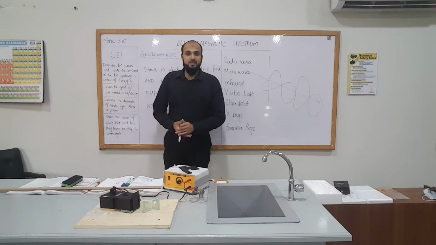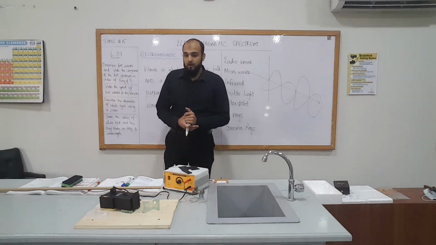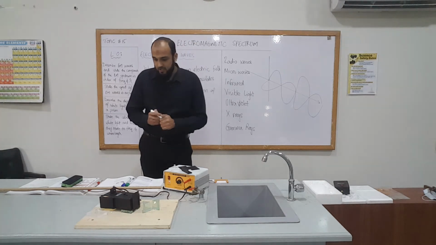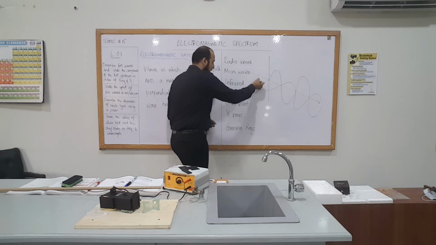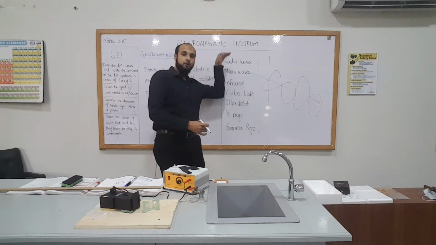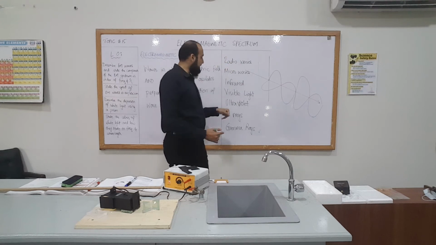In the coming videos we're going to see some applications of each of these waves, but for the time being all you need to know is that as you go down the spectrum, meaning from radio waves all the way through to gamma rays, the frequency increases.